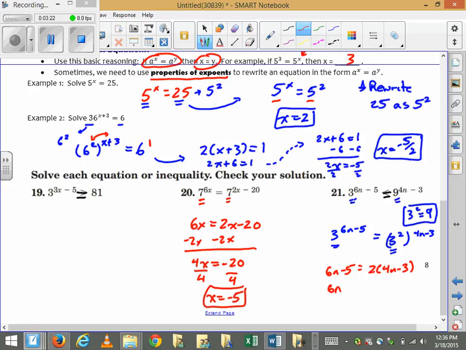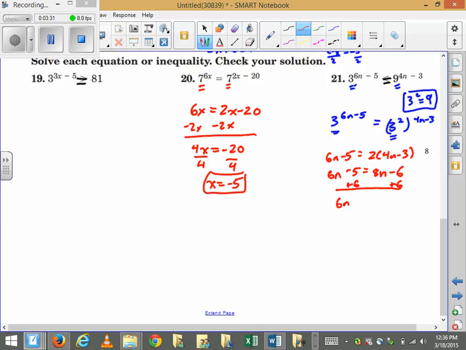So distribute that 2, 8n minus 6, and now just combine like terms. So I've got 6n plus 1 equals 8n. Subtract 6n from both sides. So 1 equals 2n. Divide both sides by 2. So n equals 1 half.